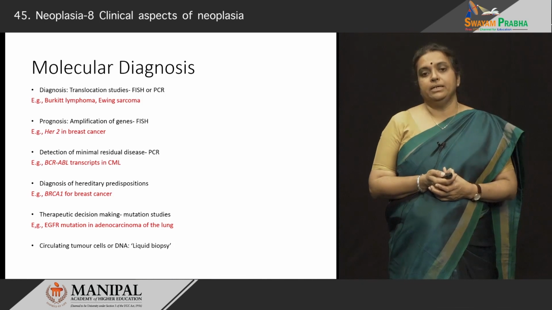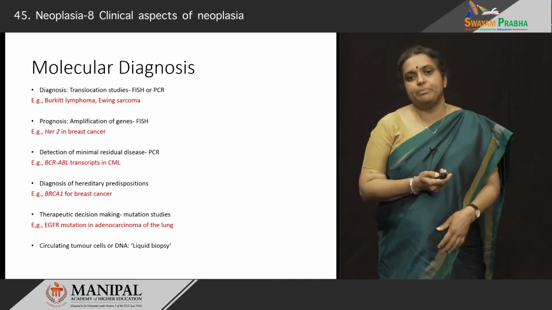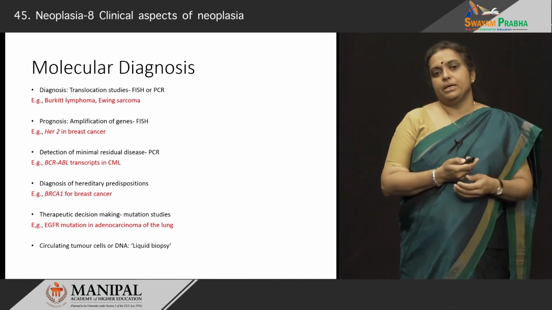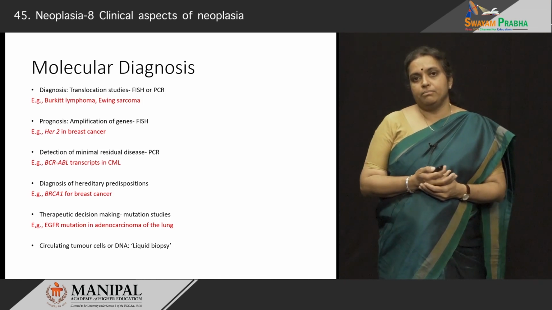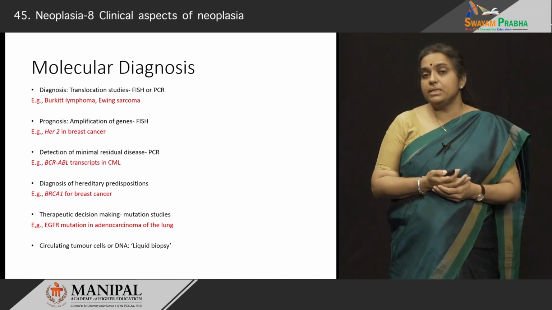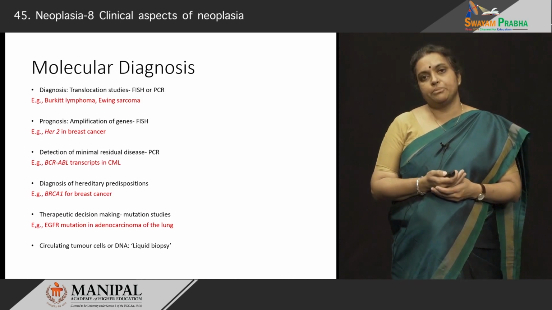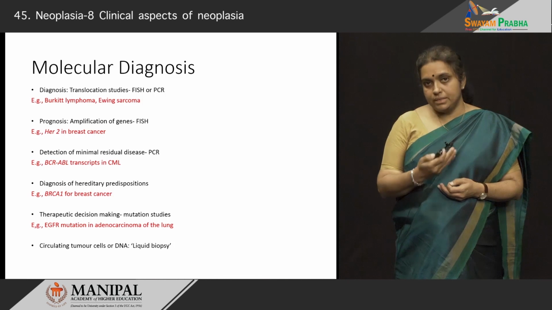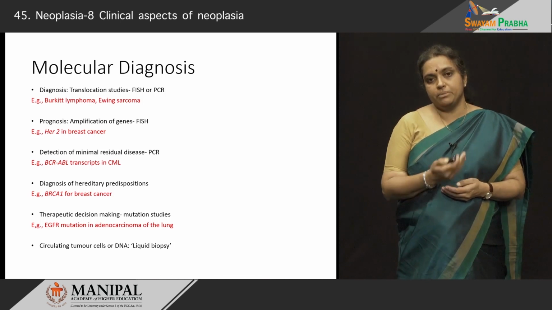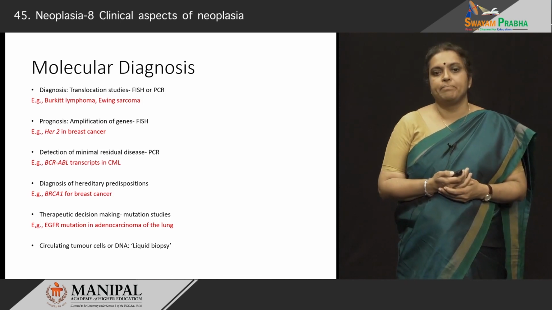You can use molecular techniques to diagnose hereditary predispositions. Suppose you suspect that the lady might have the BRCA1 gene, which will give her increased susceptibility to breast cancer. So, you can detect the mutation of this gene by using molecular techniques.